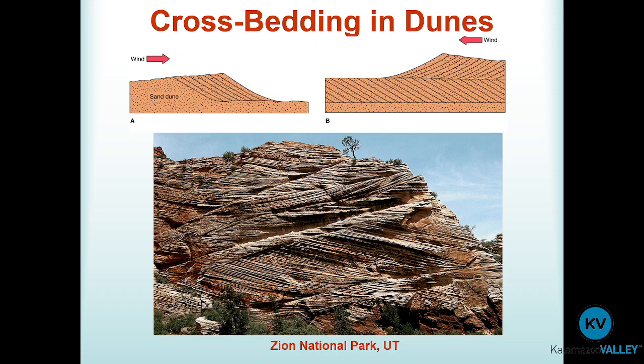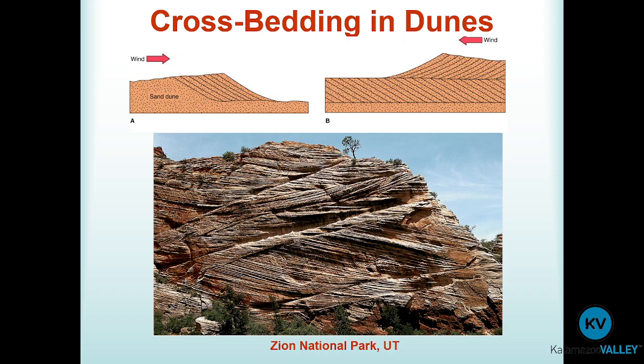And it can sometimes be difficult to distinguish between cross-bedding from wind and cross-bedding from water in a deposit or a rock face outcrop like in this image here. The key differences, however, that you're looking for, number one, is going to be the frequency and change of direction.